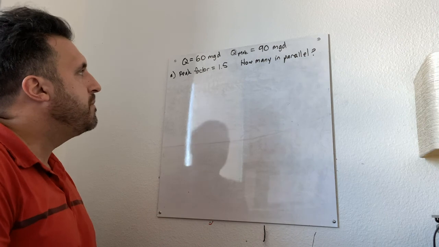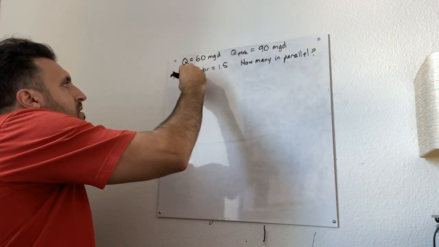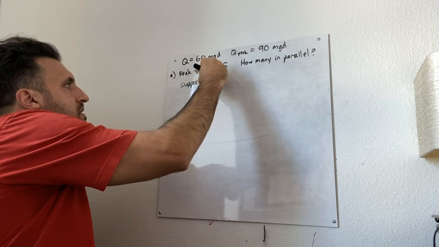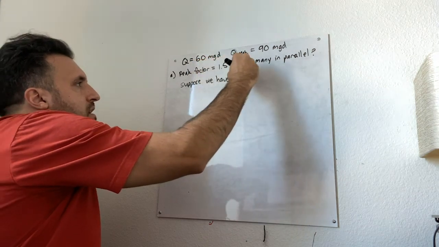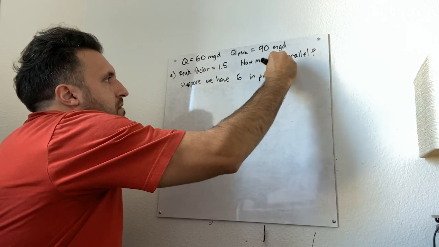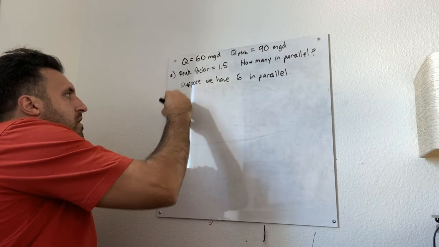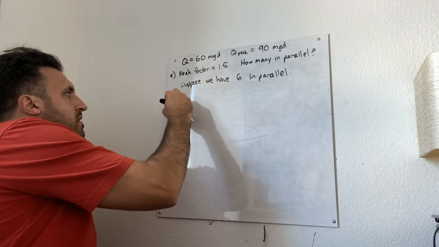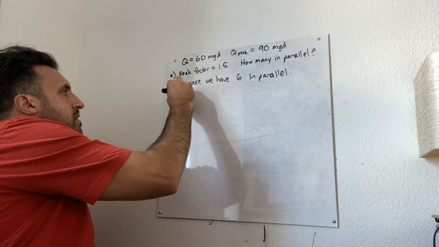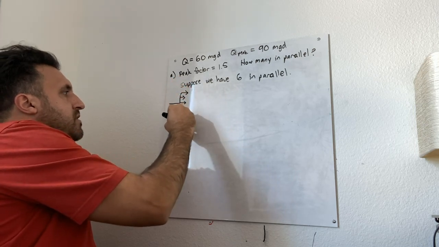So let's just suppose we have 6 in parallel. Alright, so our flow rate is getting split into 6 equal parts.